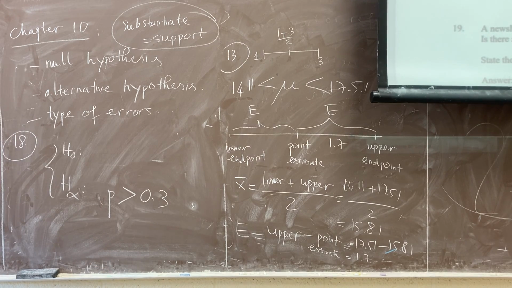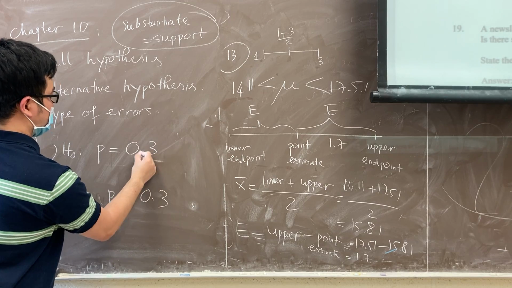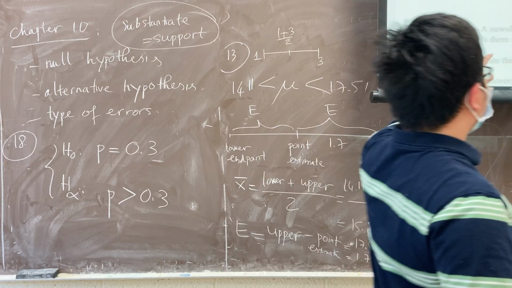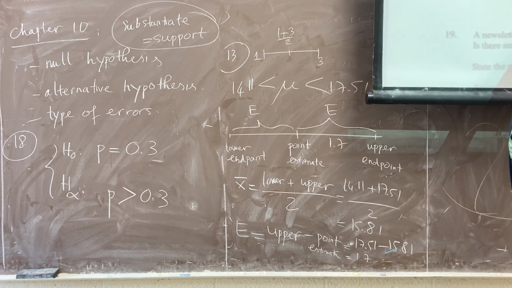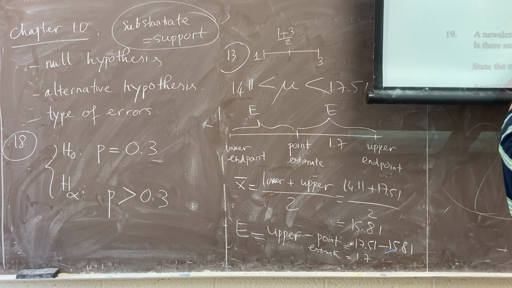And of course the null hypothesis is the opposite side of the alternative hypothesis, and it always has an equal sign. That means P here is equal to 0.3. So that is the null hypothesis and alternative hypothesis. When you write down the answer, you need to write the null hypothesis is P equal to 0.3, and in this line you write P is greater than 0.3.